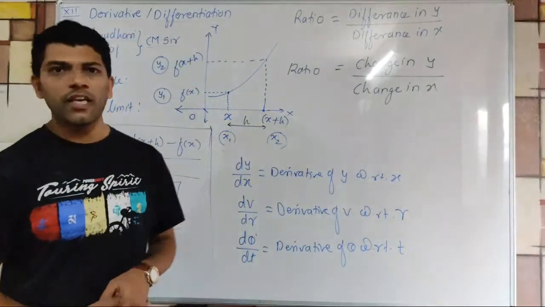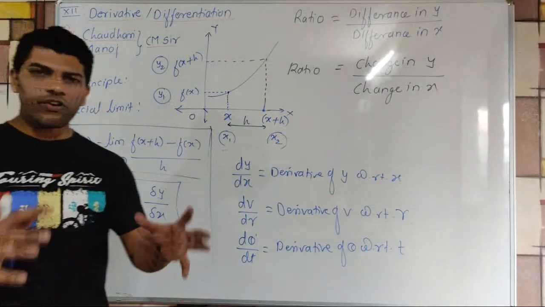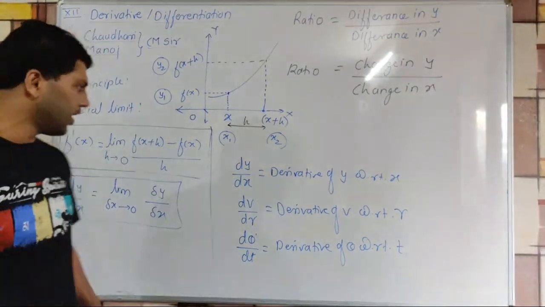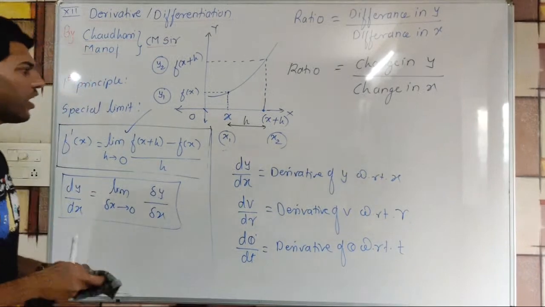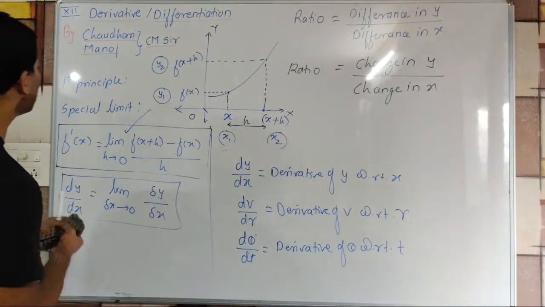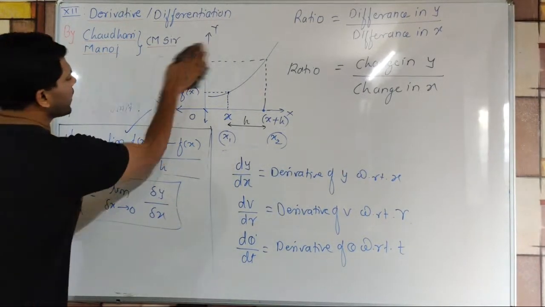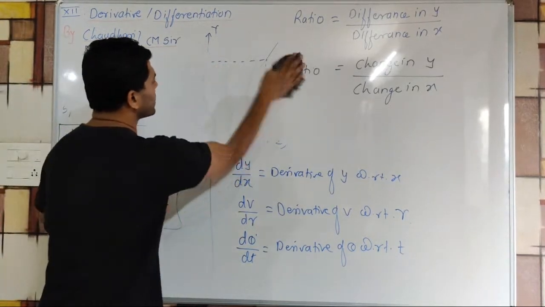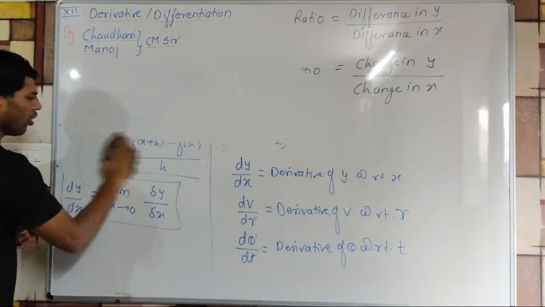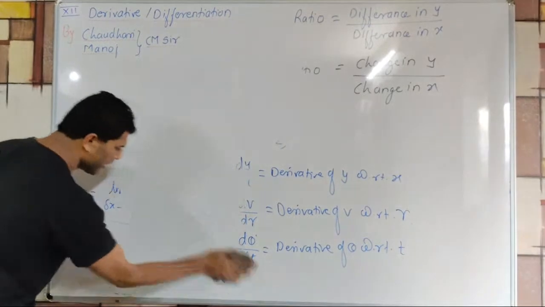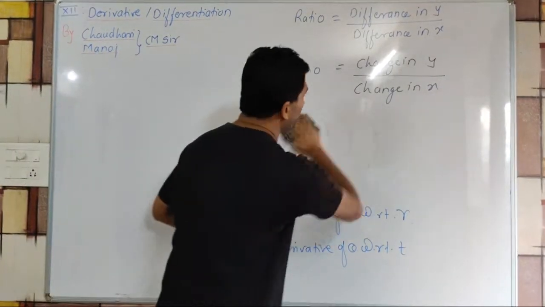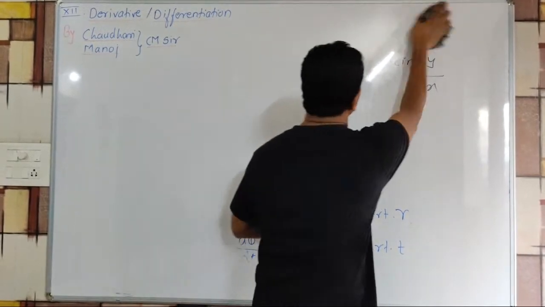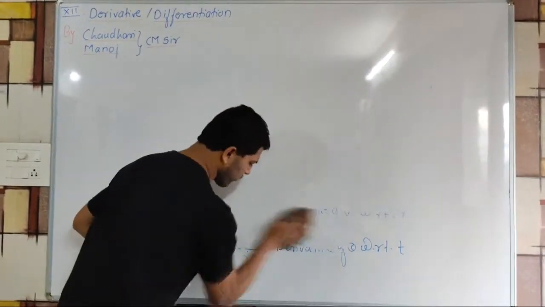If you remember, in the previous year we derived so many standard results by taking help of the first principle. So let me list out all the standard formulas that we derived using first principle. It will be better if you write down all these important formulas along with me.